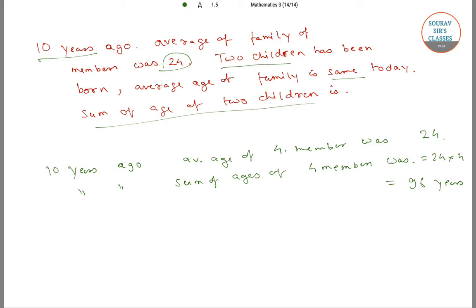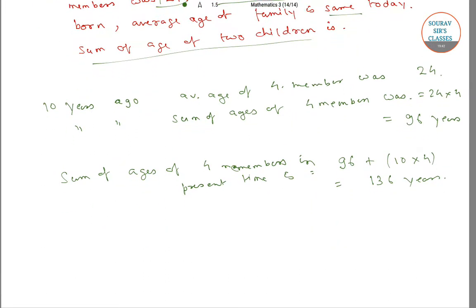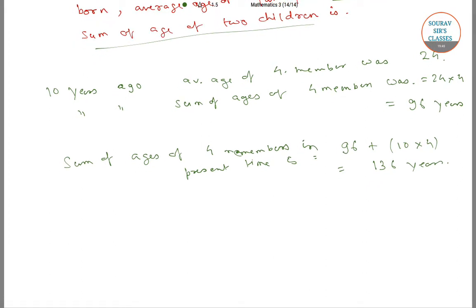So sum of ages of 4 members in present time is 96 plus 10 into 4, which is equals to 136 years. Now 2 children have been born and the average age is same.